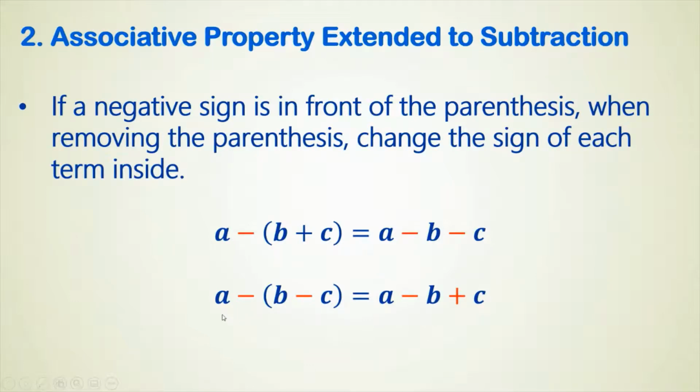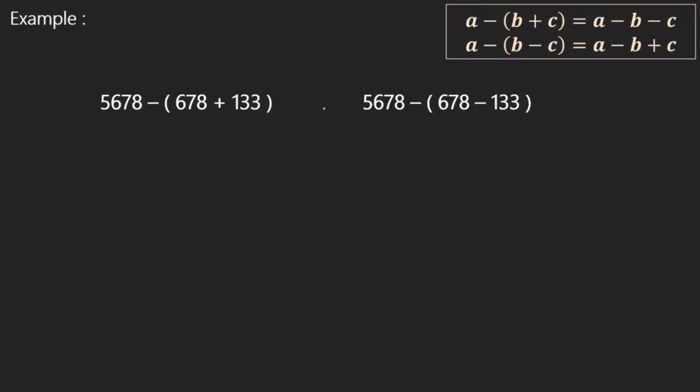And a minus parentheses b minus c becomes a minus b plus c. We're going to take a look at two different examples. The only difference between these two expressions is that the left one has an addition inside the parentheses and the right one has a subtraction inside the parentheses. We're going to solve them by removing the parentheses first and then evaluating the expression from left to right.